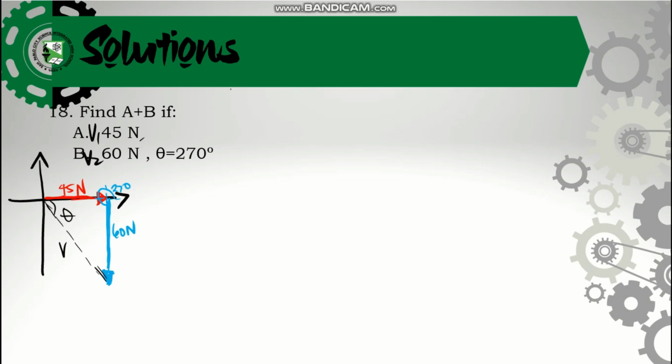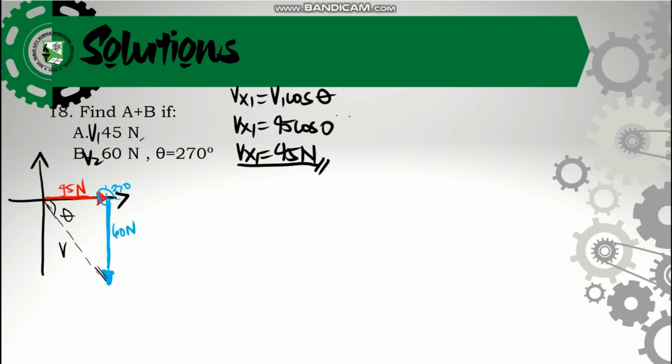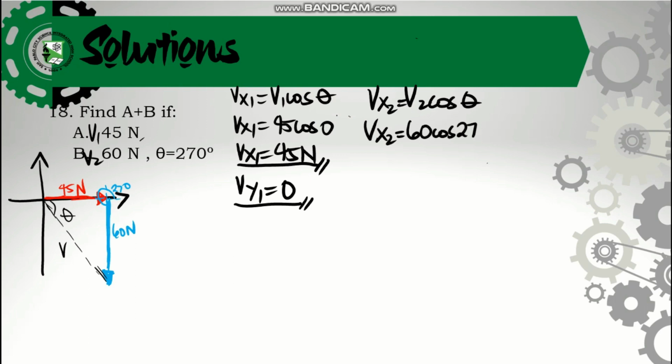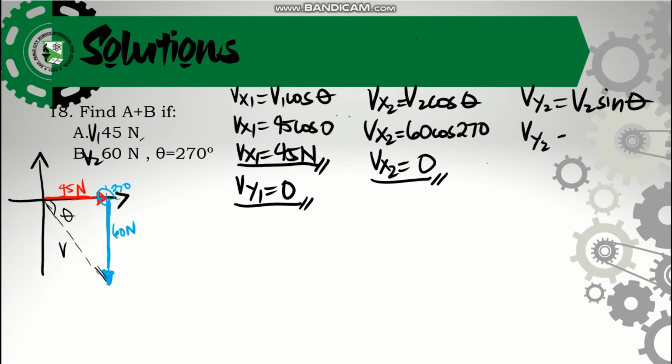Then you're just going to get the x and y components by putting the magnitude together with the angle. So we have Vx1 is equal to 45 Newton and then yung Vy1 is equal to 0. For the second vector, since nasa 270 siya, gaya ng sinabi ko kanina, yung x niya ay magiging 0 kasi all of the magnitude lies on the y-axis. And then yung Vy2 is equal to negative 60 Newton.